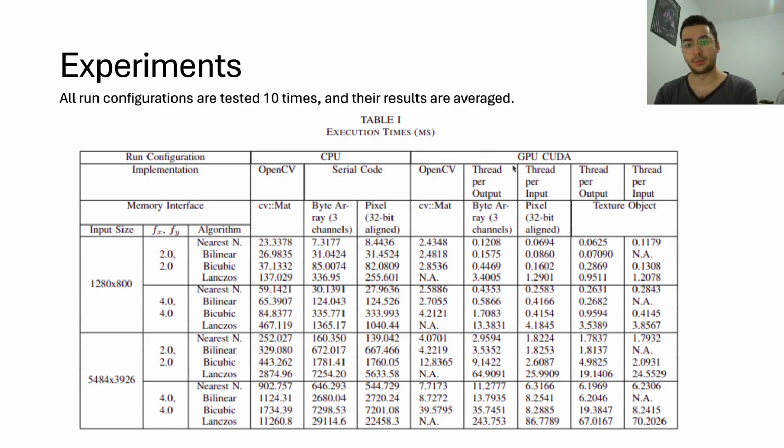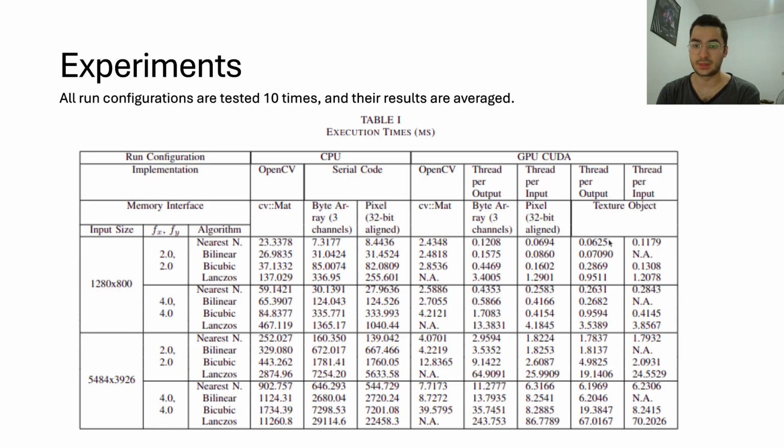So when I compare the different approaches I used, I can see directly that using texture objects improves the performance of the codes, except for thread per input for some cases of nearest neighbor.